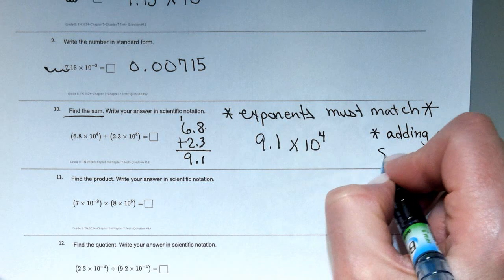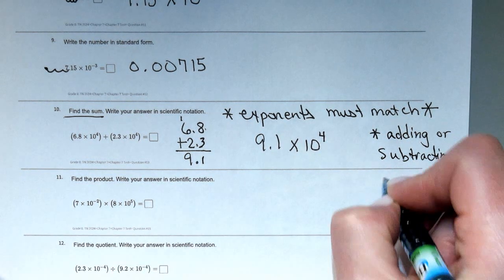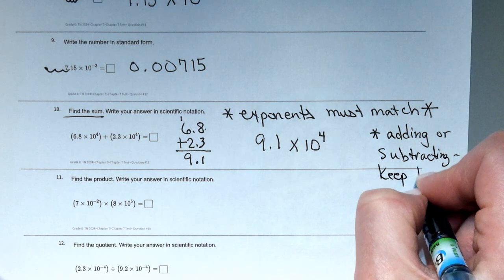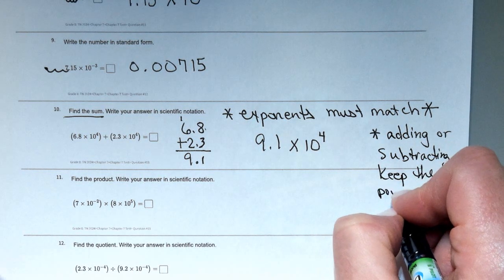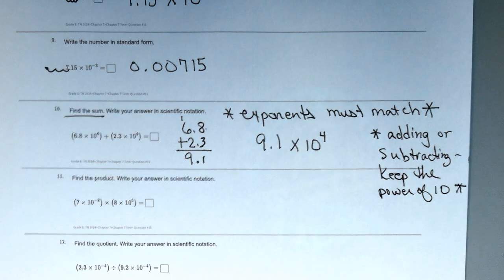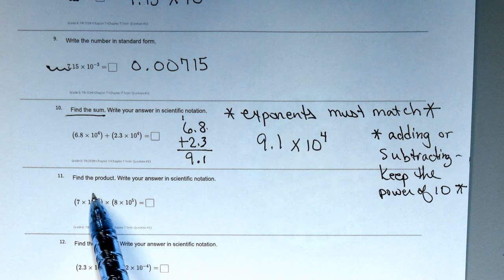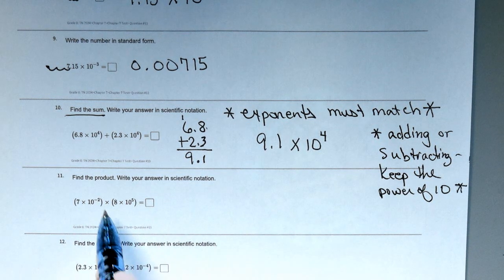Adding or subtracting, keep the power of 10. Okay. Because it's just a label at that point. We're combining like terms. All right, number 11 said find the product. So we're multiplying.